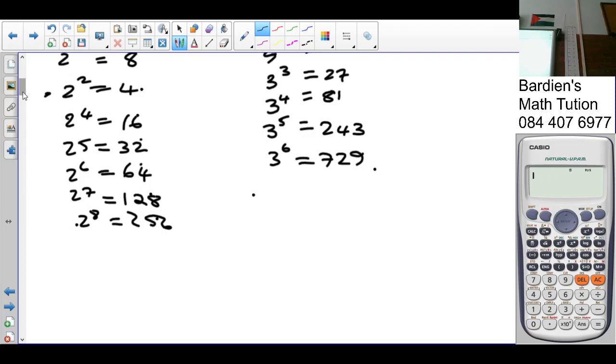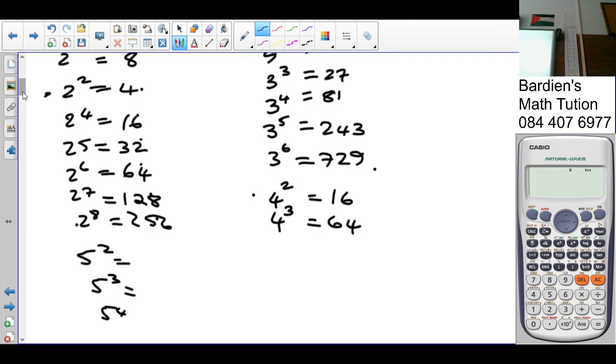But you guys understand? Right? What if I have 4 squared and 4 cubed? What's 4 squared? 16. And 4 cubed? 64. You guys understand? What if I have 5 squared, 5 cubed, 5 to the 4?